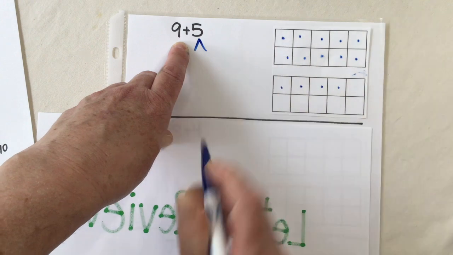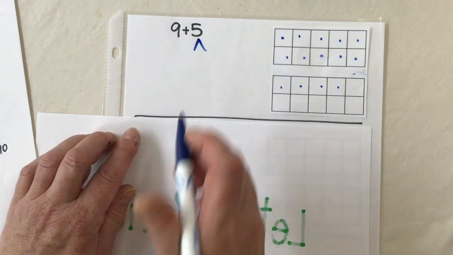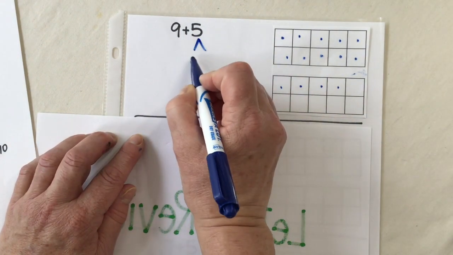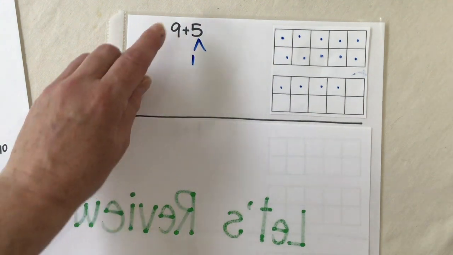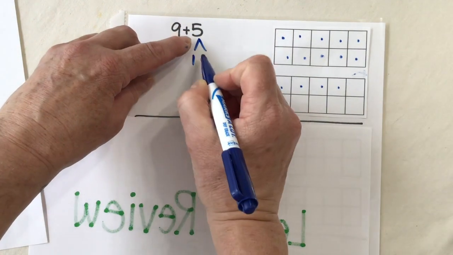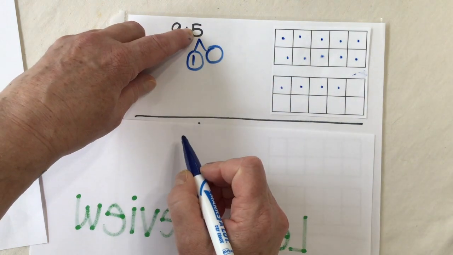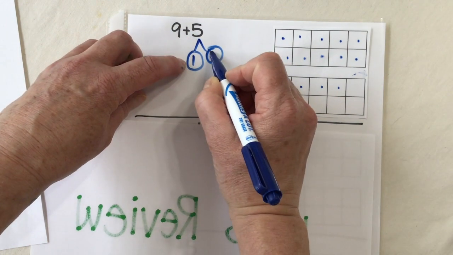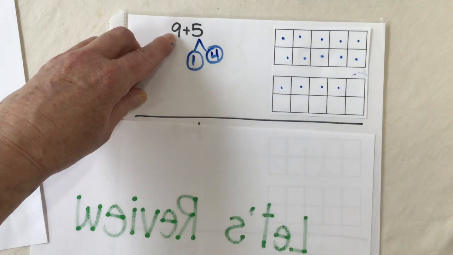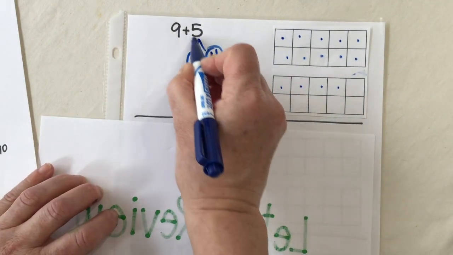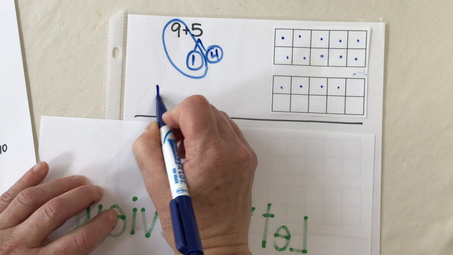I could also represent that by knowing 9 needs 1 to make a 10. So if this is a number bond that I'm using, 5 is the same as 1 and 4. So now I'm giving this 1 to my 9, and that's 10.